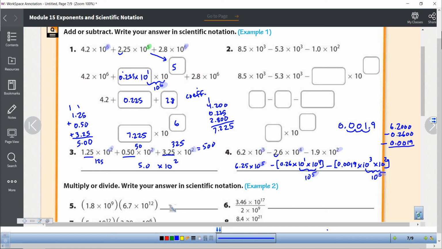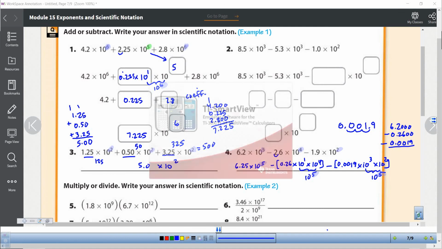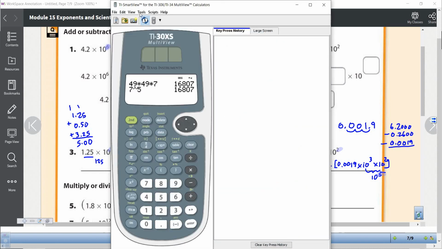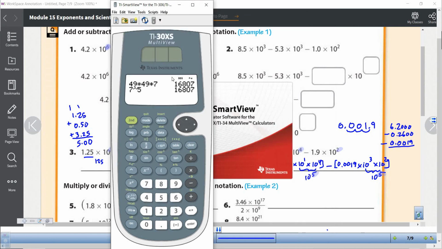Okay, so I've told you before, guys, it's okay to break out a calculator every now and then as long as you are doing the other parts of the problem for understanding. So just because of time here, I'm going to go ahead and use a calculator now. All right. So I'm going to go ahead and clear this out.